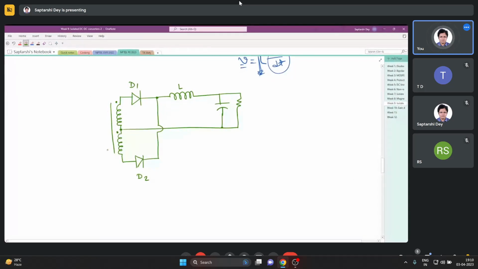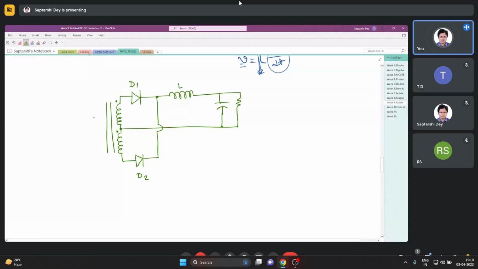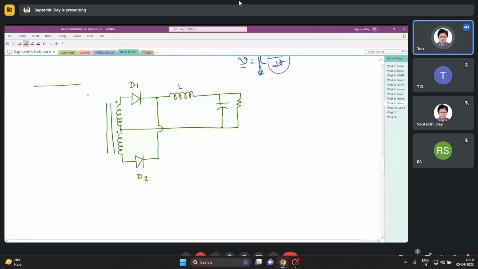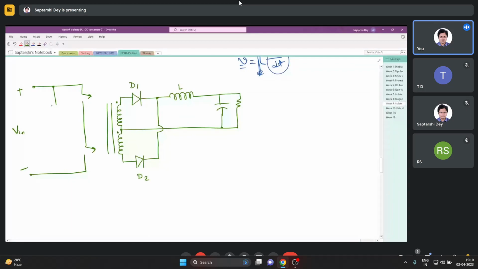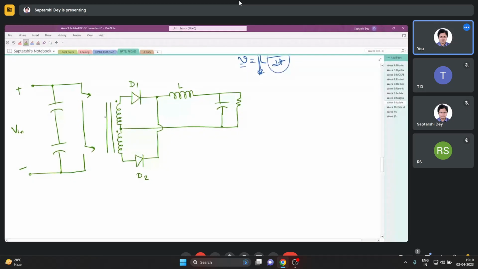So this is the half bridge converter. As the name goes, we have a half bridge, and the supply voltage Vin is split by using DC link capacitors.